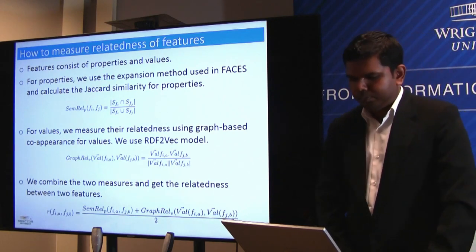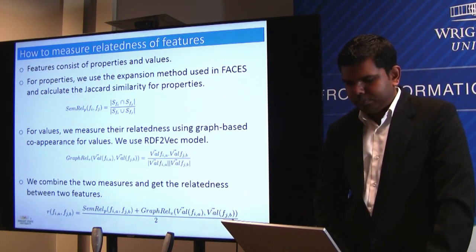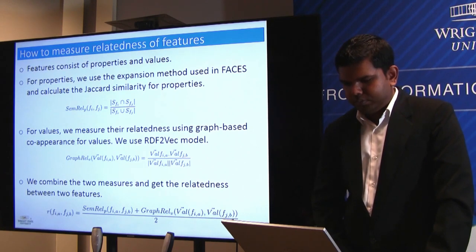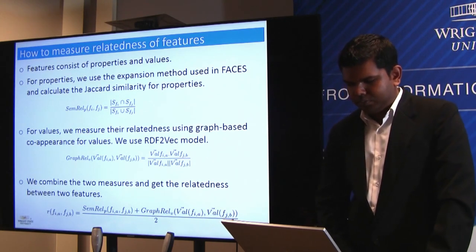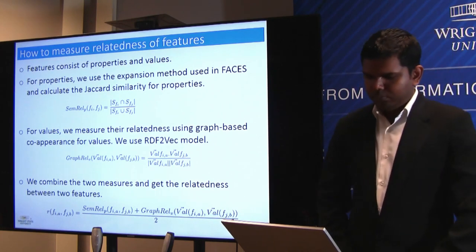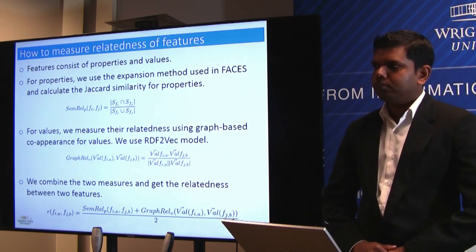So I'm wondering, would it be better to use one measure for intra-entity diversity and some other relatedness measure for intra-entity relatedness? Is it possible that some better results can be achieved? So is such a measure task dependent, maybe, or not?